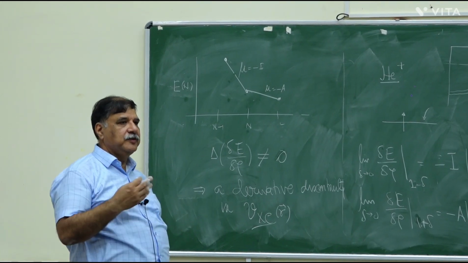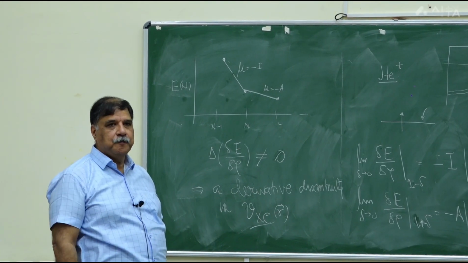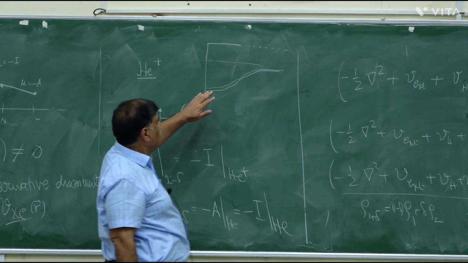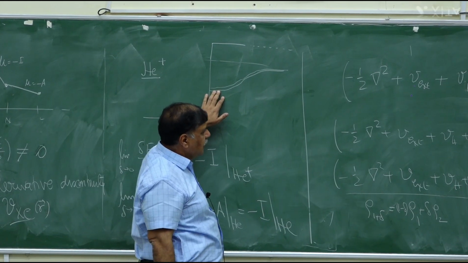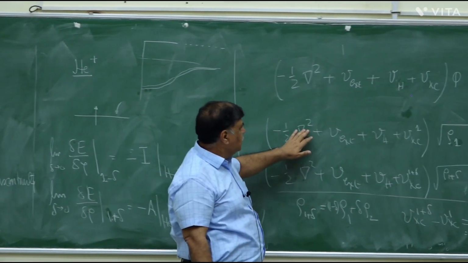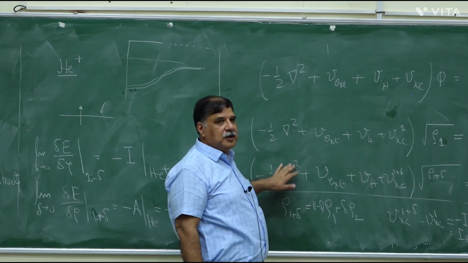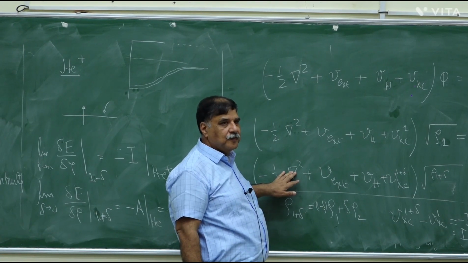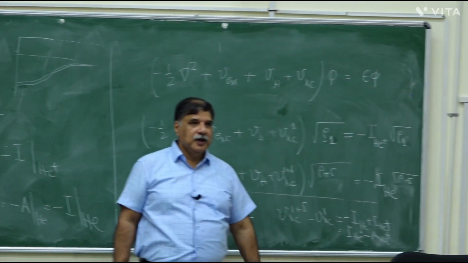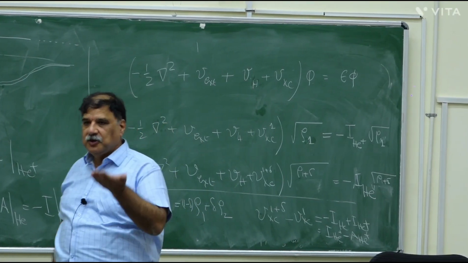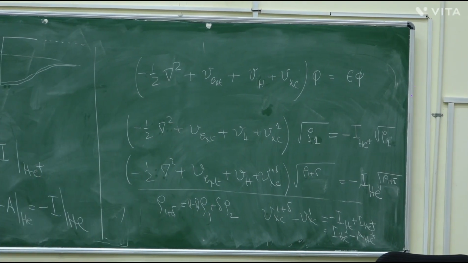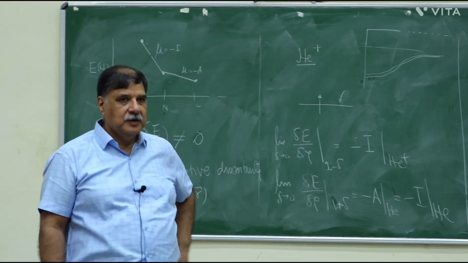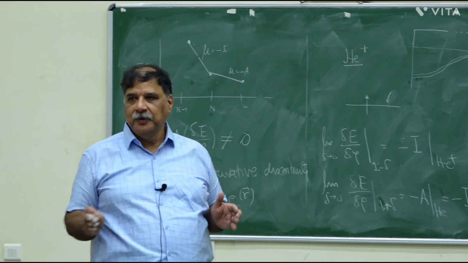And this is known as the derivative discontinuity of the exchange correlation potential. Notice that by taking the same orbital, I took helium plus because in that case, there is no jump in the functional derivative of the kinetic energy. But this thing has changed. The eigenvalue changes because of the constant change in the exchange correlation potential. Have I convinced you there is a change?